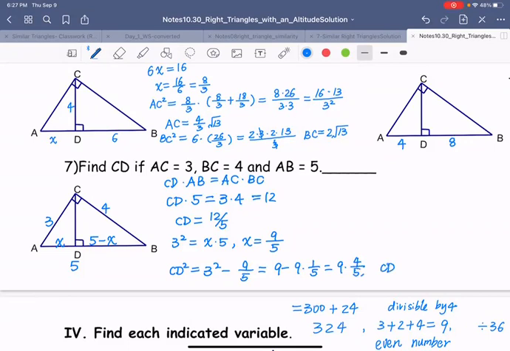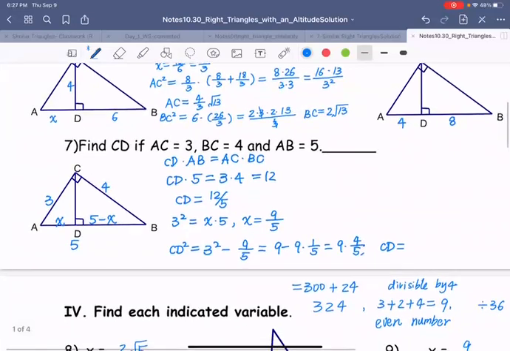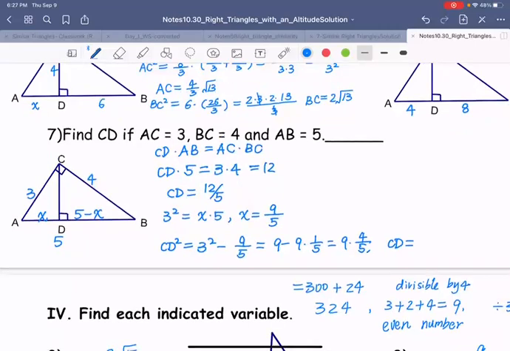So CD equals 36/5. Hold on. Oh, I forgot to square this guy. Sorry, my bad.